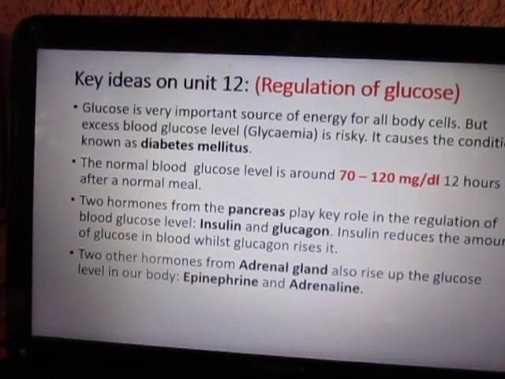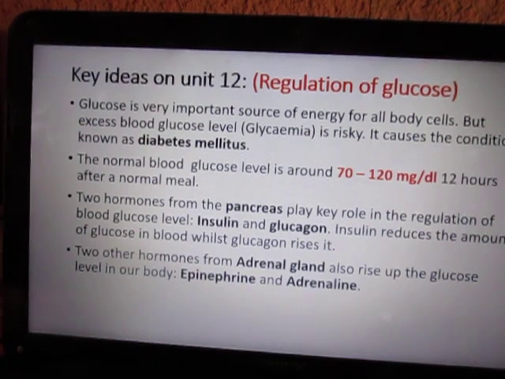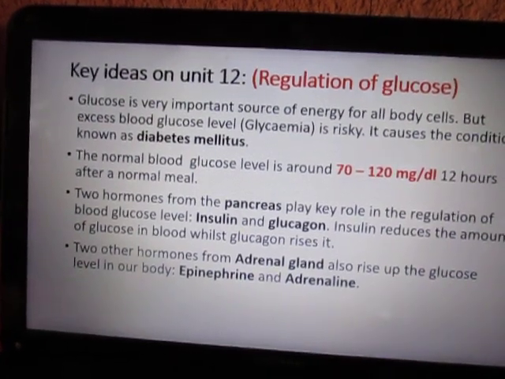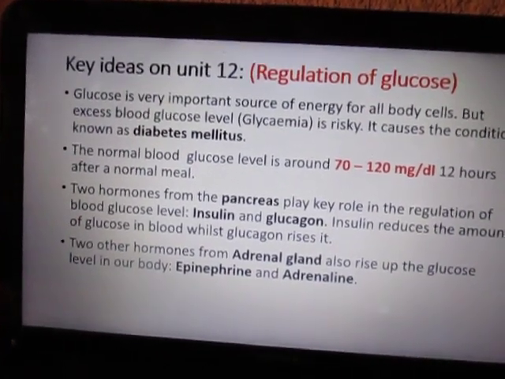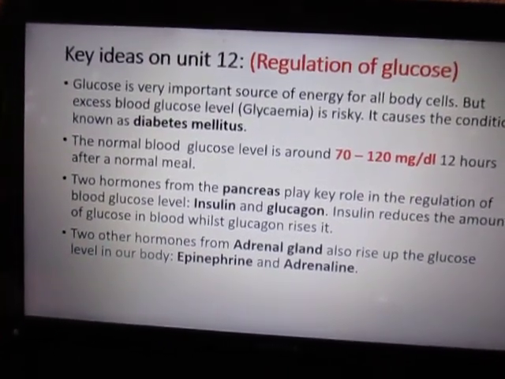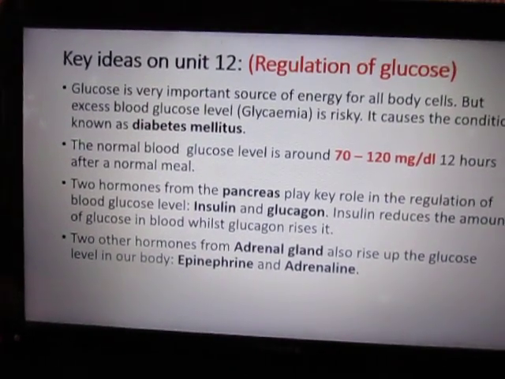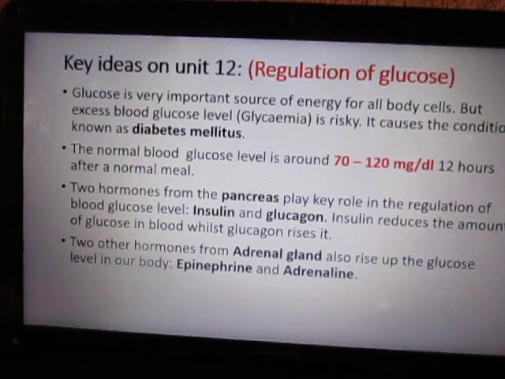Adrenaline and epinephrine. Adrenaline is generally known as the fight or flight hormone, to mean when it is secreted, you are ready to fight, you are ready to run away. In so doing, it has an effect on our amount of glucose.